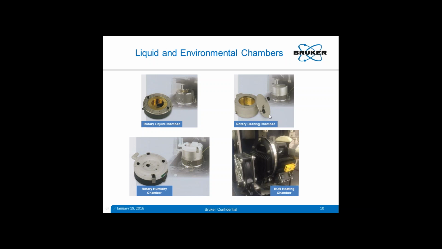And rotary heating chambers can go up to 150 or 350 degrees centigrade. We also have chambers that can go up to 1000 centigrade. Here is one rotary humidity chamber, which can control humidity up to 85% relative humidity.